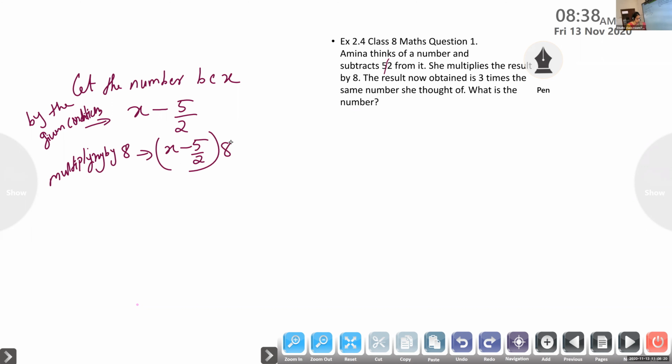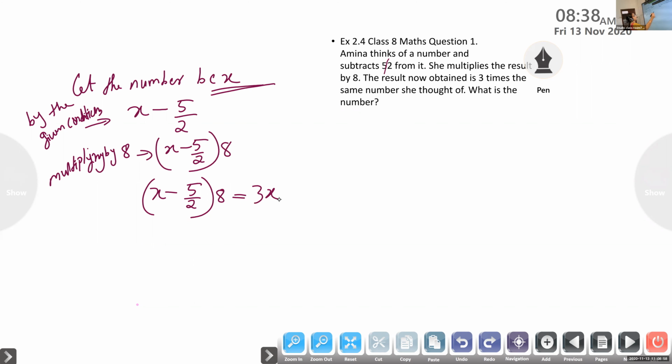Then the result now obtained is 3 times the same number she thought of, which is x. So it is 3x. Now we have a linear equation with us. Now we can solve this.